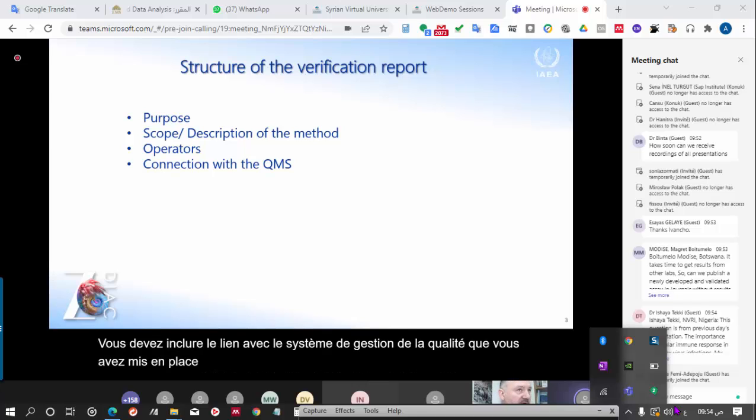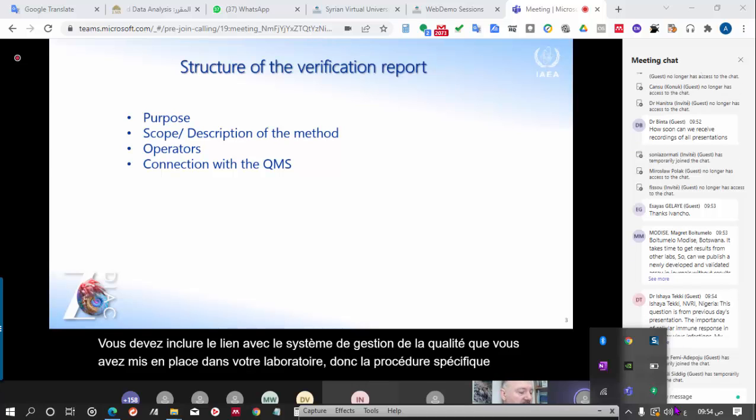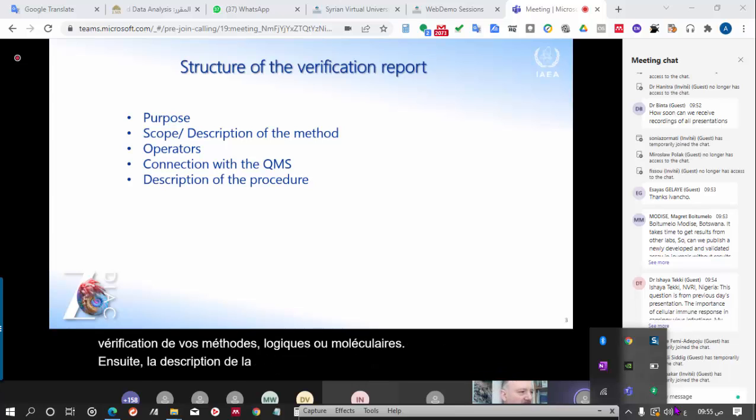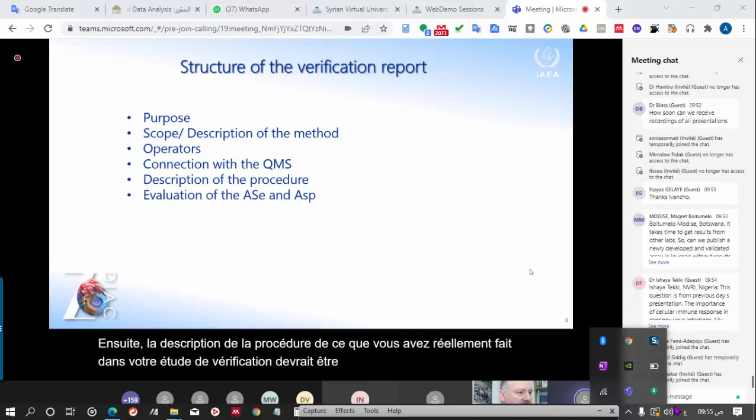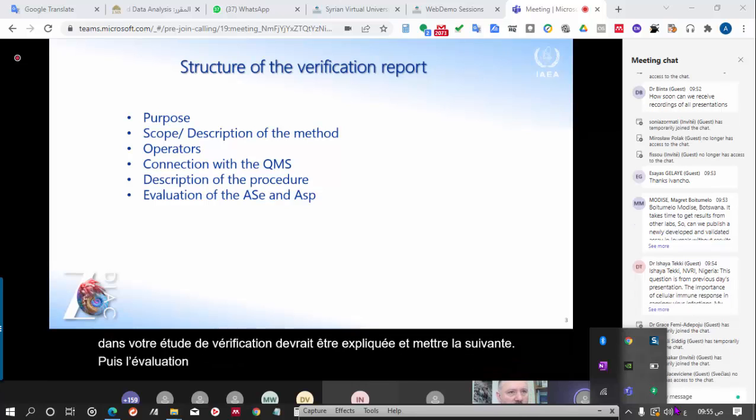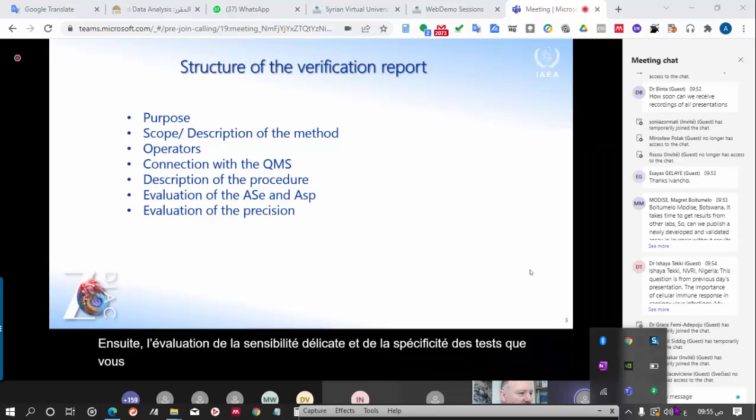So the specific procedure for verification of your methods, either serological or molecular methods. Then the description of the procedure of what you have actually done in your verification study should be explained. Then the evaluation of the analytical sensitivity and specificity, what tests you have performed to establish this or to evaluate actually.